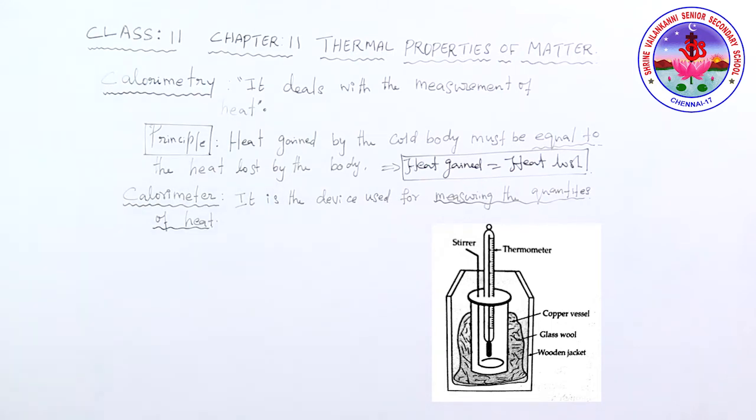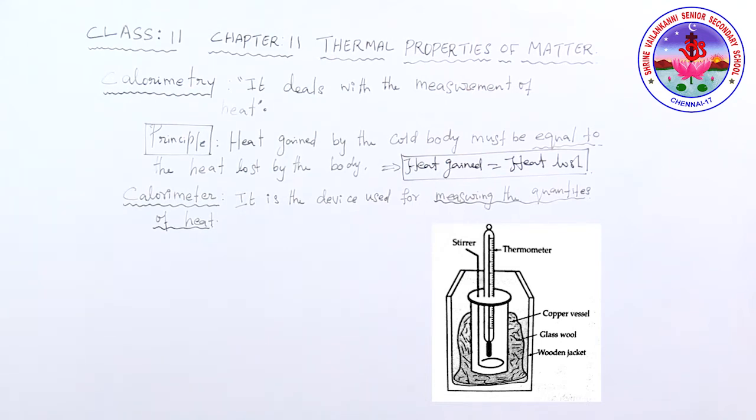The loss of heat due to radiation is further reduced by polishing the outer surface of the calorimeter and the inner surface of the jacket. You are seeing on the screen, right? And the lid is provided with holes for inserting the thermometer and stirrer into the calorimeter. When the bodies of different temperature are mixed together in the calorimeter, then the heat is exchanged between the bodies as well as with the calorimeter.